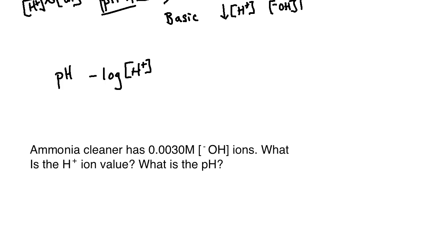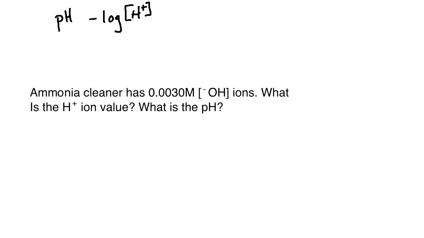So the problem says ammonia cleaner has 0.003 molarity hydroxide ions. What is the H plus ion value and what is the pH? So what we're going to do in order to figure this out is utilize the Kw equation. We're looking for the H plus concentration, and then once we have that, we will utilize it and find the pH.